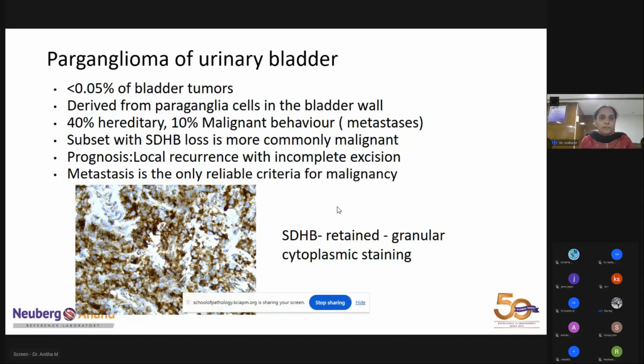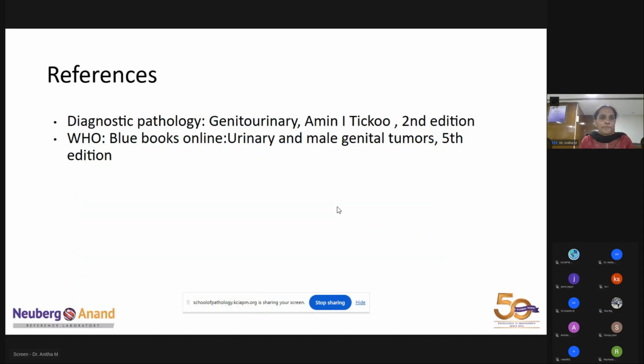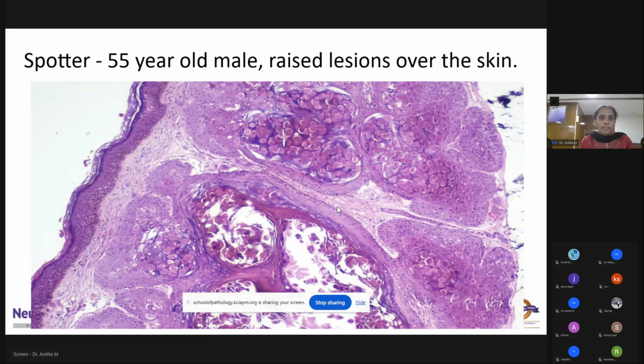I'll go to the next case. Can you identify this? A 55-year-old male with raised lesions over the skin. Request you to respond in the chat box. Even the participants can respond in the chat.